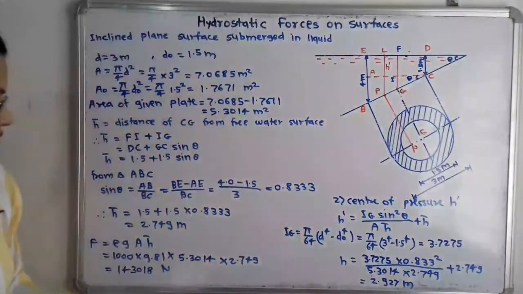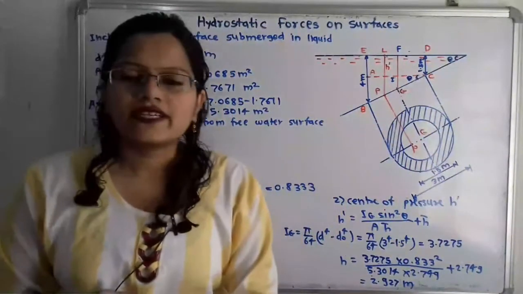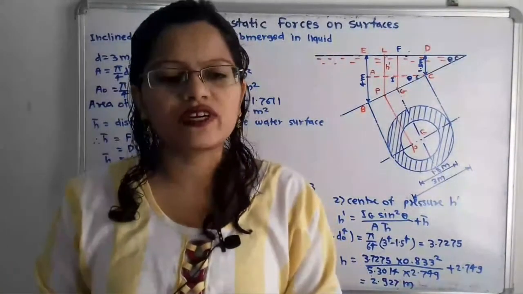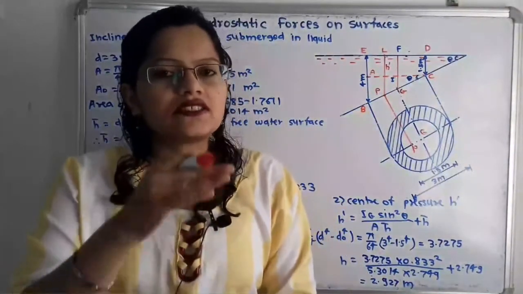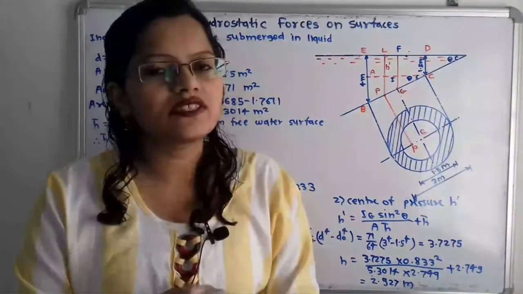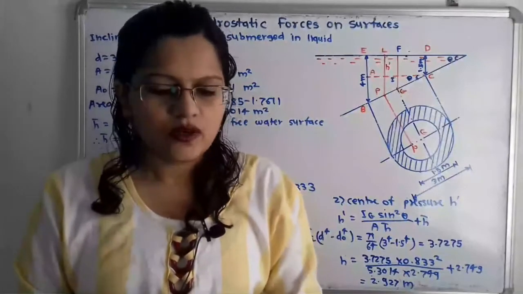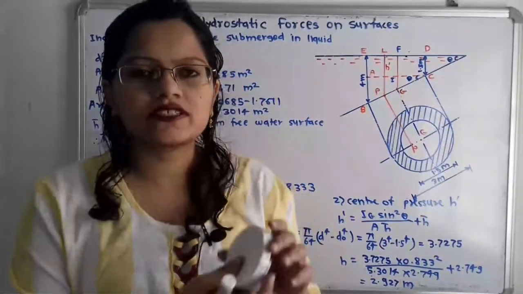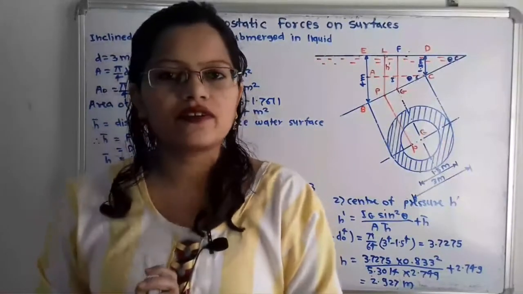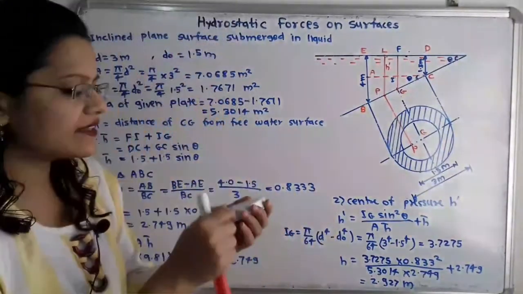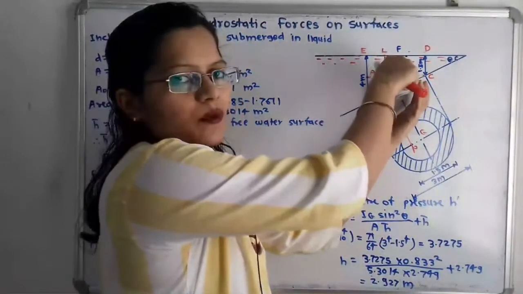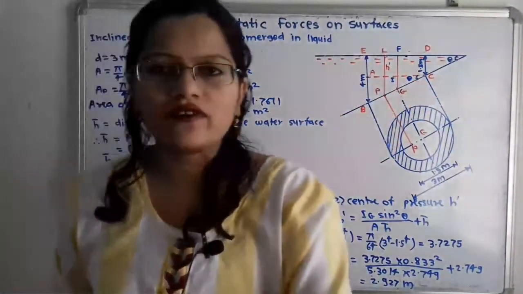Then what about the H bar? So H bar means what? That is the distance from the free surface of water to the center of gravity point. So again if we observe, this is the plate, and here at the center there is the center of gravity. So we can say that this is the top point and this is the bottom point, and at the middle point only there is the center of gravity.